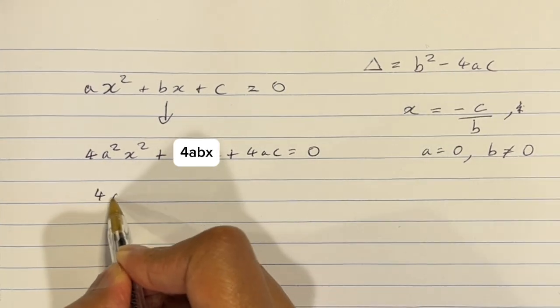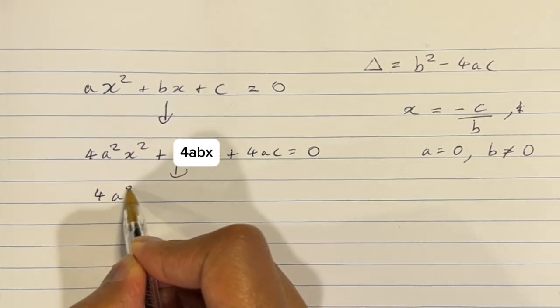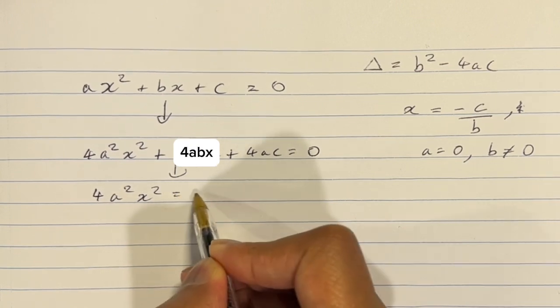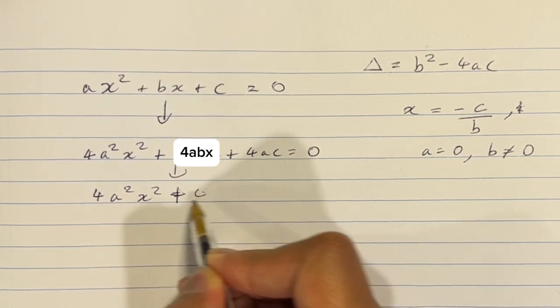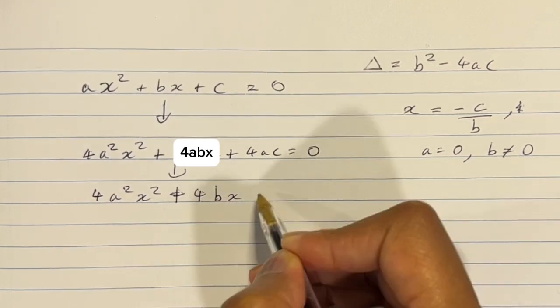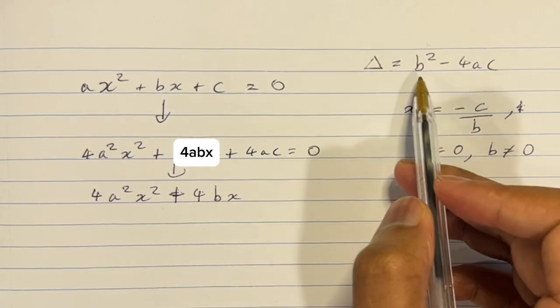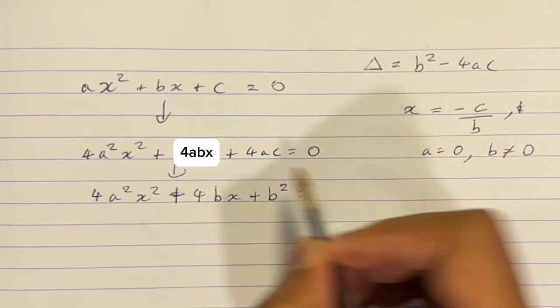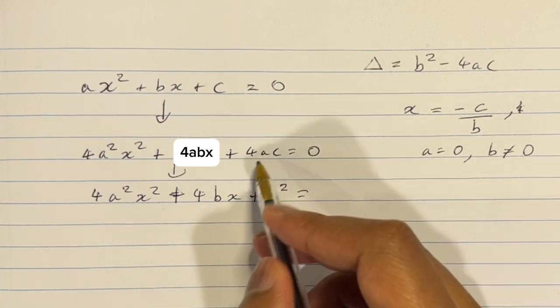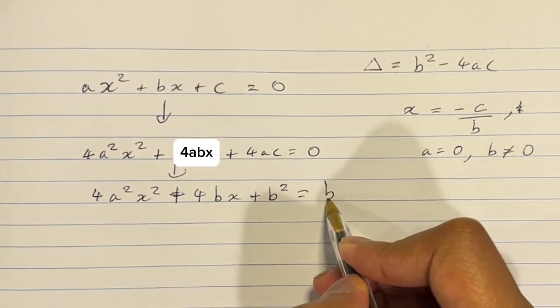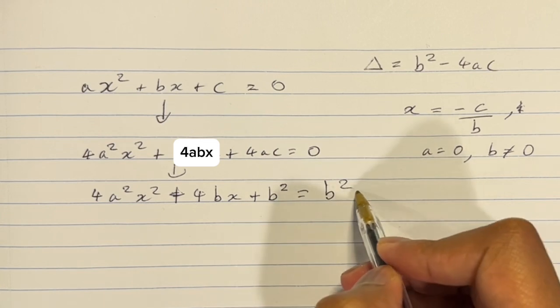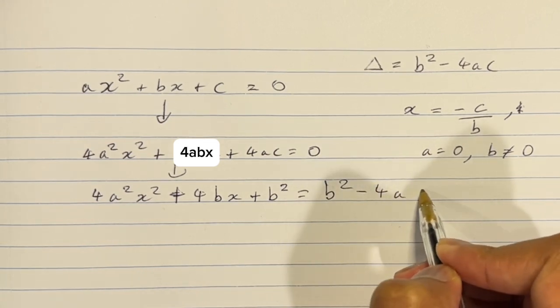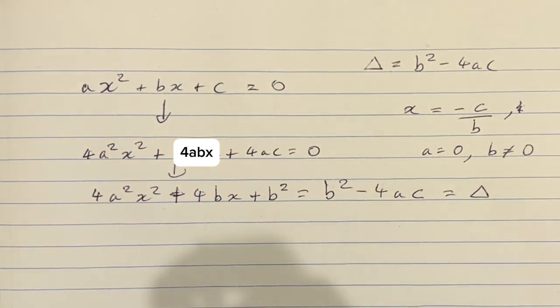So 4a squared x squared plus 4abx plus b squared equals b squared minus 4ac, which is just the discriminant.